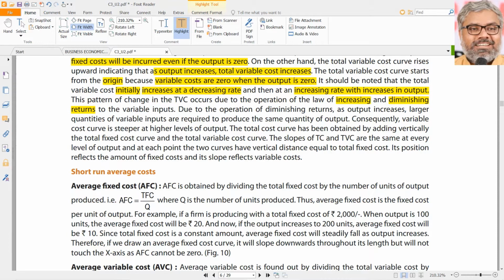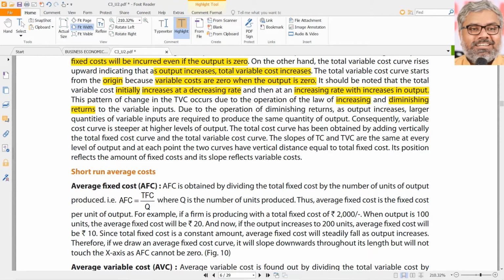When the diminishing returns are starting, then also the cost will increase. Of course, we are talking all variable cost. Always they will increase when there is an increase in output. But now they will increase at an increasing rate. Why? Because of diminishing returns. So increasing returns will give a decreasing rate, and diminishing returns will give an increasing rate in the increase of output. Understand this very carefully.